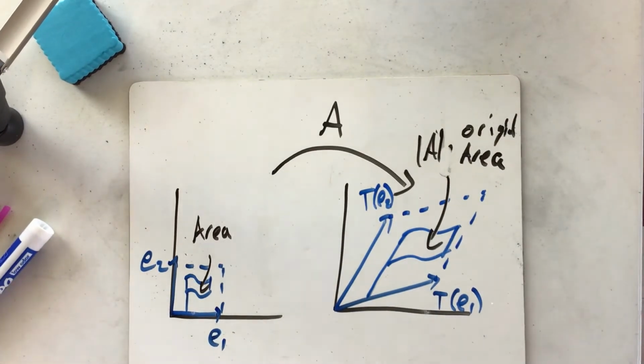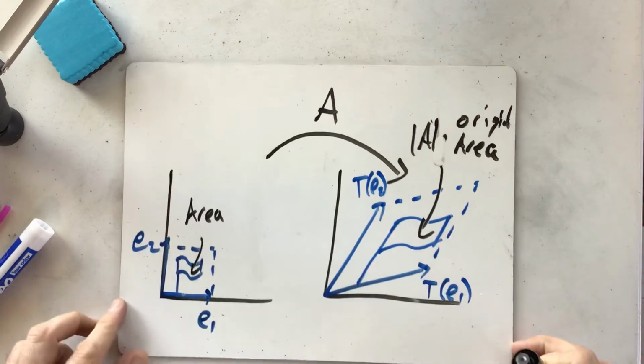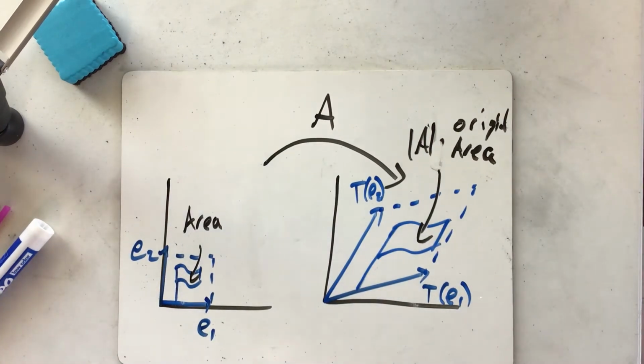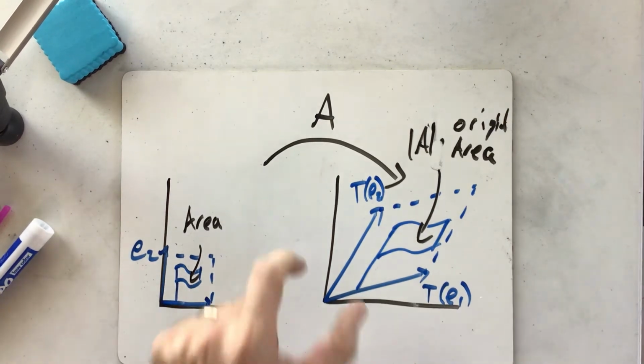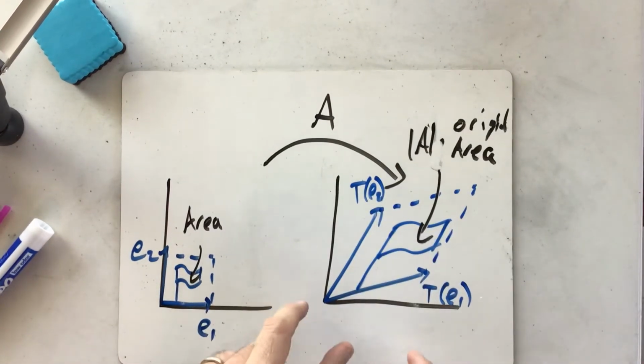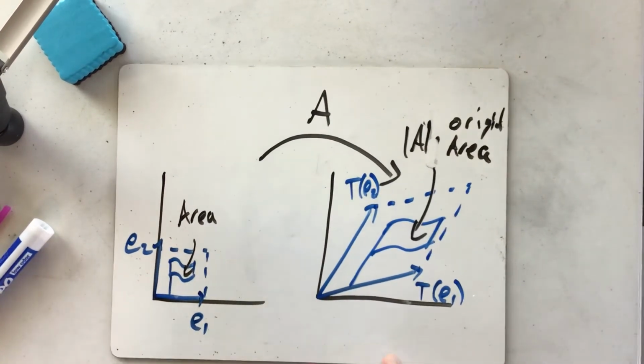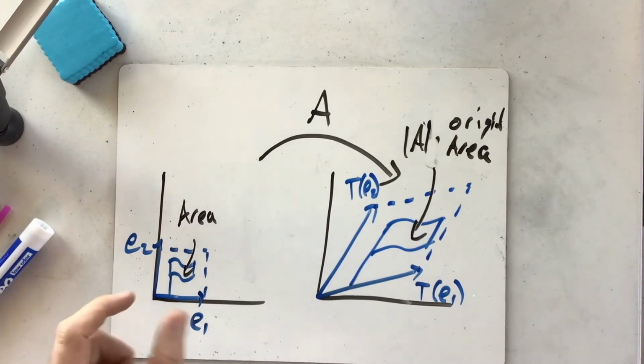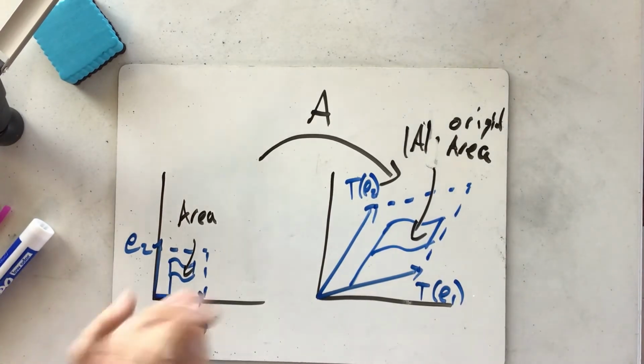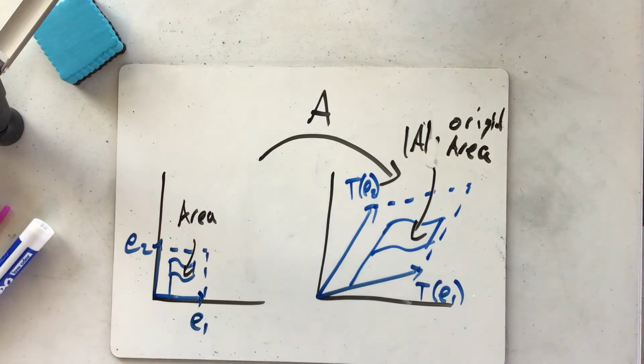And this is why determinants show up all over the place. Whenever you're doing transformations in Calculus 3, you're trying to change coordinates before you do an integral or something like this, there's a determinant that shows up at the end. And the reason why there's a determinant is because you want to figure out what was your original area, how much did the area change after you made that transformation.